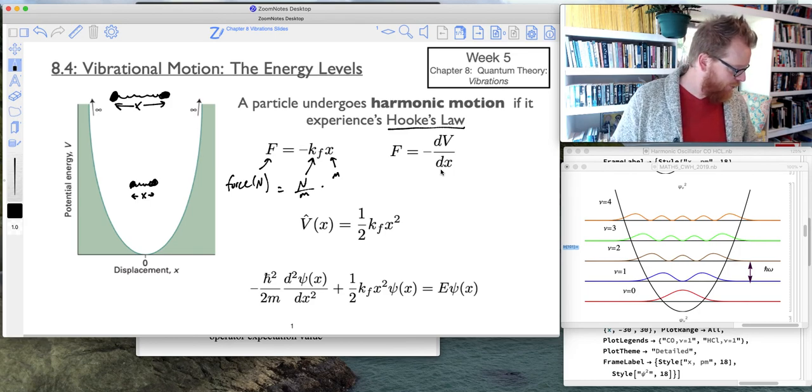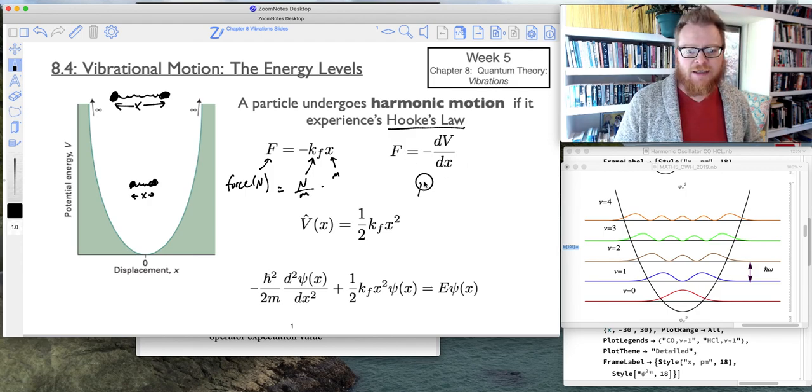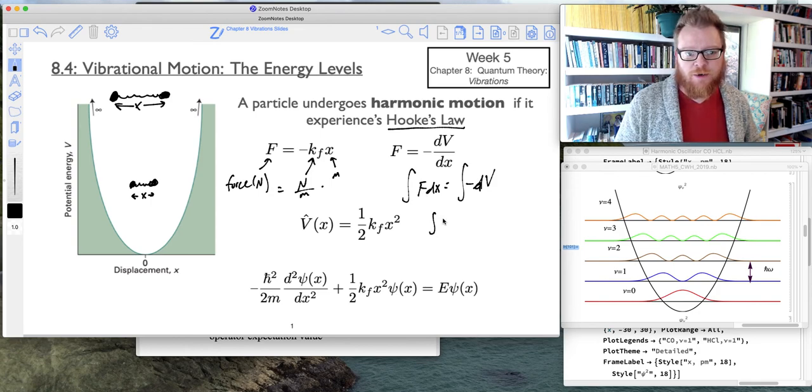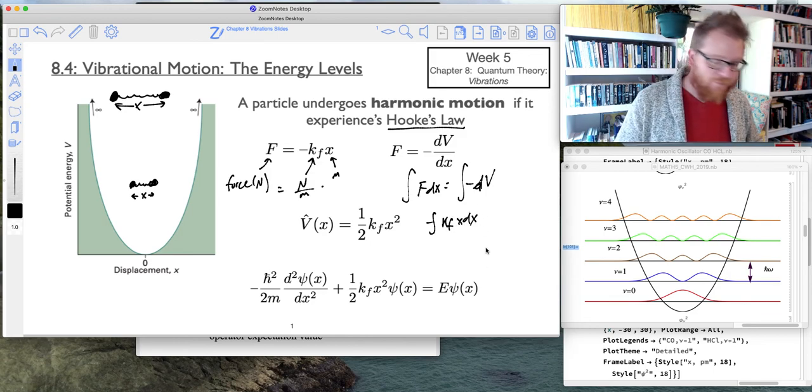And so if we do a quick little divide and conquer situation here, where I'm going to multiply dx over to this side, and I've got negative dV on this side, okay? And if I integrate both sides, and of course recognizing that F is kf times x, right? So that becomes the integral of negative kf times x dx, all right?